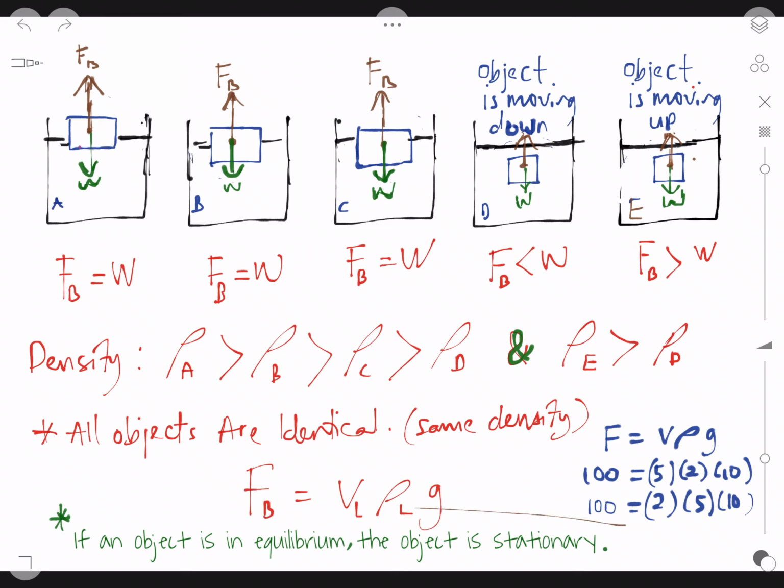As long as the object is stationary, this means that buoyant force equals weight. In the 3 situations here, the buoyant force is still the same as the weight of the object. So you need to look carefully at this situation and try to understand, because some questions ask you to compare.